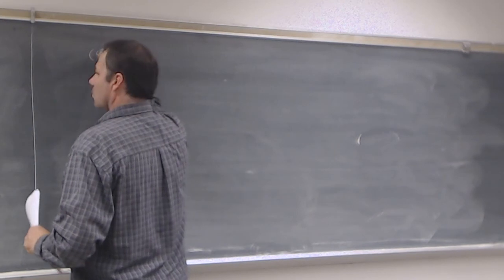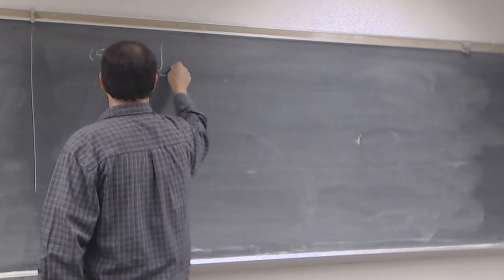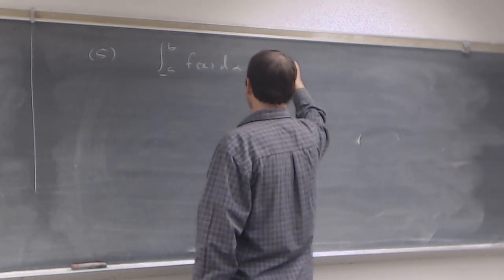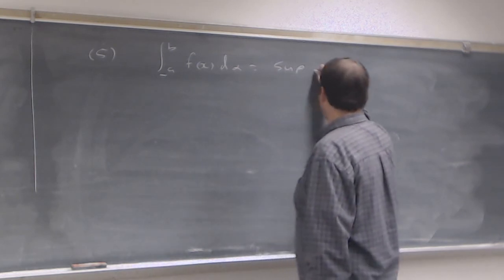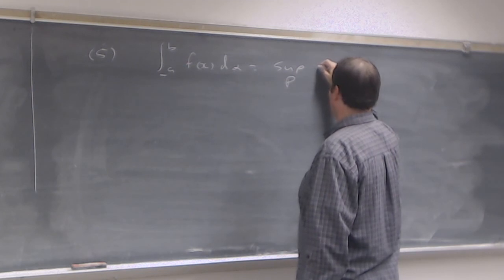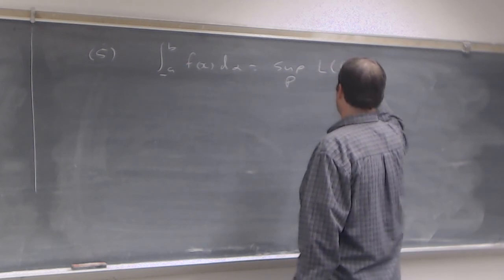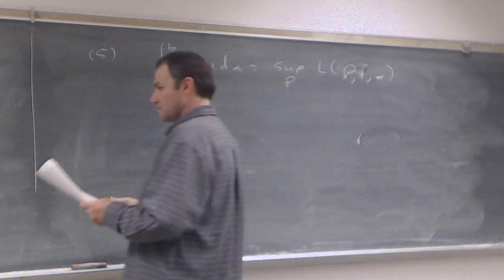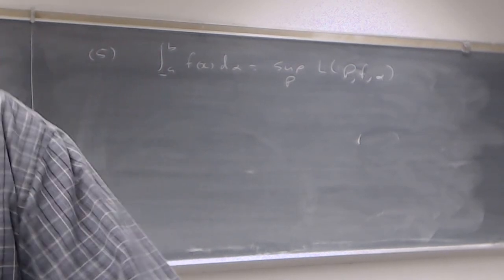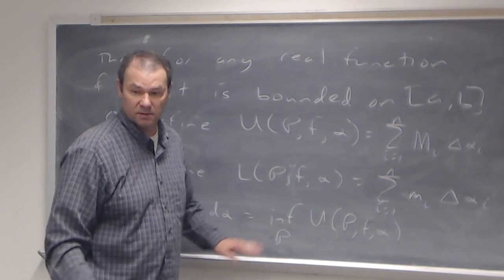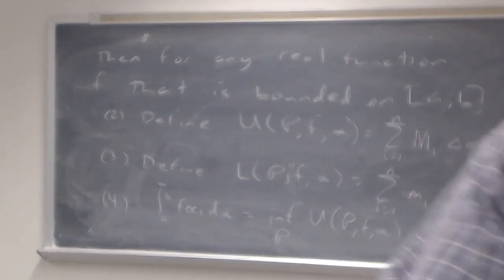Fifthly, we have this lower Riemann-Stieltjes integral of f of x d alpha, and it's going to be equal to the sup over all partitions of the lower sums, L of P, f, and alpha. So here I made a slight error. Sorry. This should be the infimum over all possible partitions of A to B. So make that change.